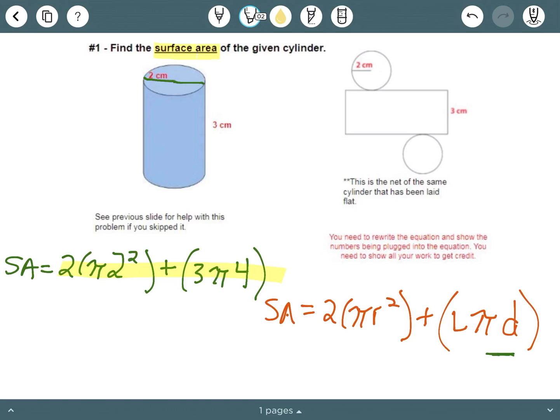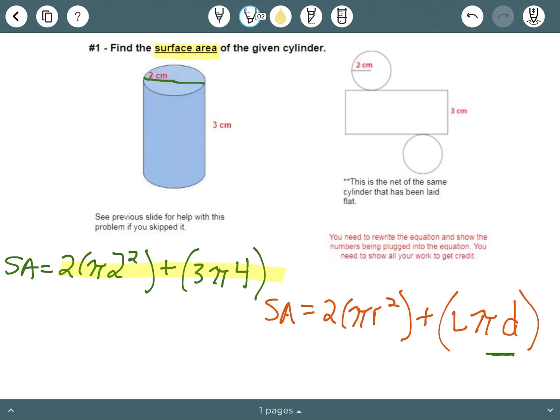So we are going to do 2 parentheses. You do want to make sure that you use the pi button and not type in 3.14, because the pi button is going to be more precise than typing in 3.14.